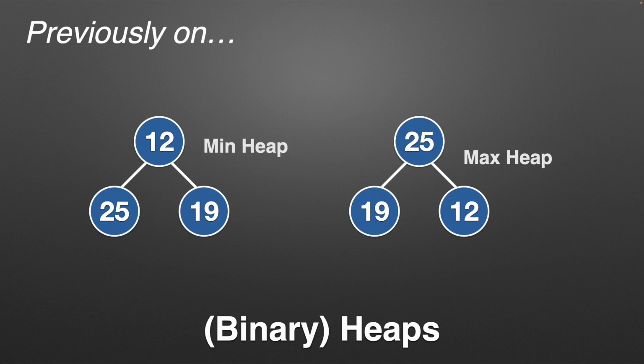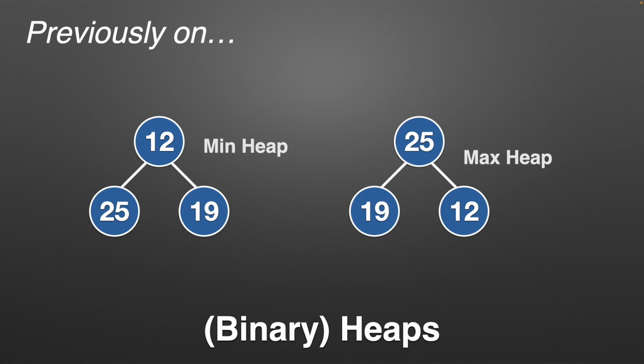So last time we were talking about binary heaps, and specifically the two important types of binary heap, a min heap and a max heap. And if you remember, the idea is just that we have this binary tree-like structure, but rather than holding it to a binary search tree standard, we are using a different criteria on how we organize the nodes and the data that's in this tree.